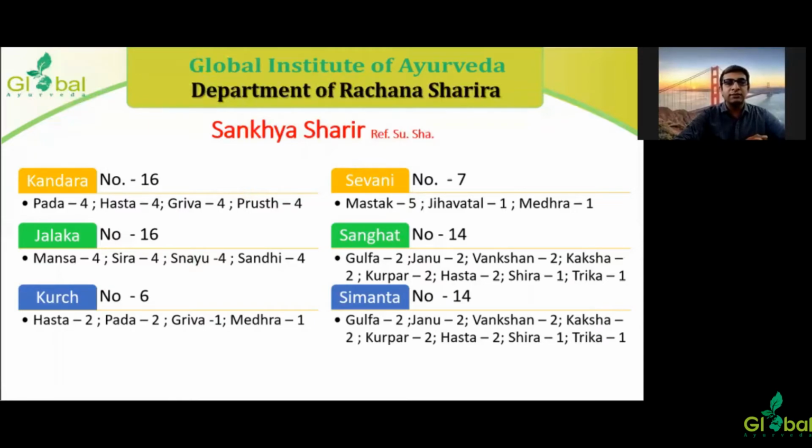There are the same number of simanta, sutures, in the body, known as 14, same as the sanghata, asthi simanta.